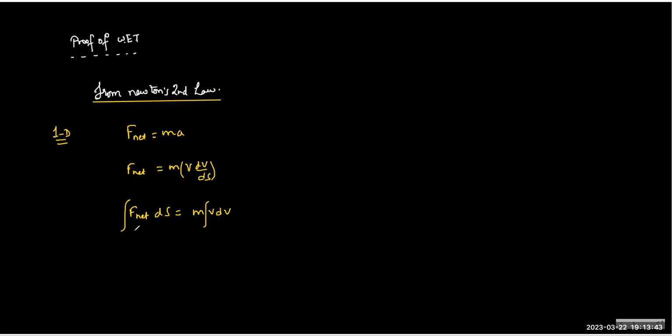The LHS is called the work done by the net force, which is all forces, and this we can change from u to v. This is m into (v square minus u square) by 2, which is clearly the change in kinetic energy. This is K final minus K initial.